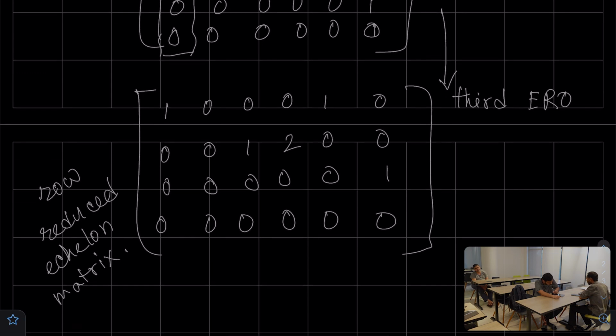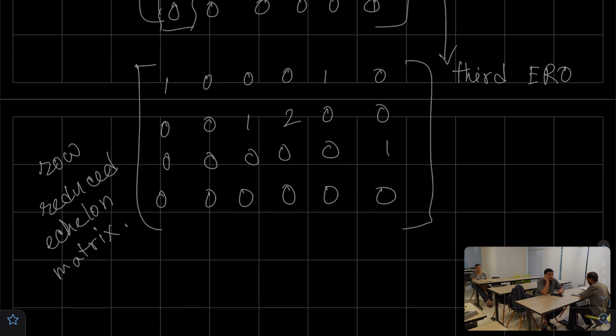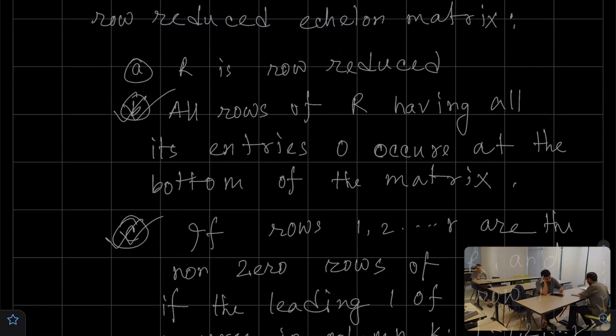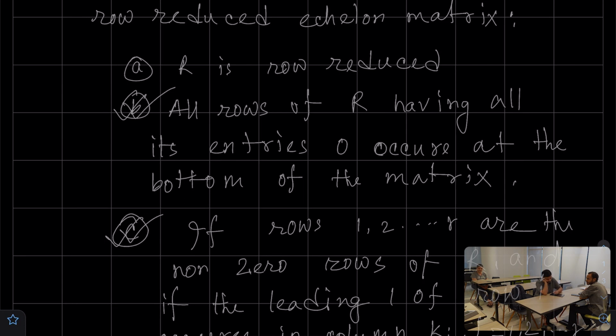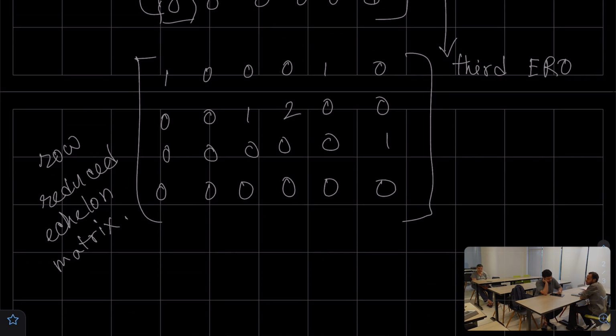And now you can compare that this actually fulfills all the requirements of the definition. And what was the definition? That R is row reduced. The first one is it has to be a row reduced matrix, right? So is this matrix a row reduced matrix? Row reduced, yes.